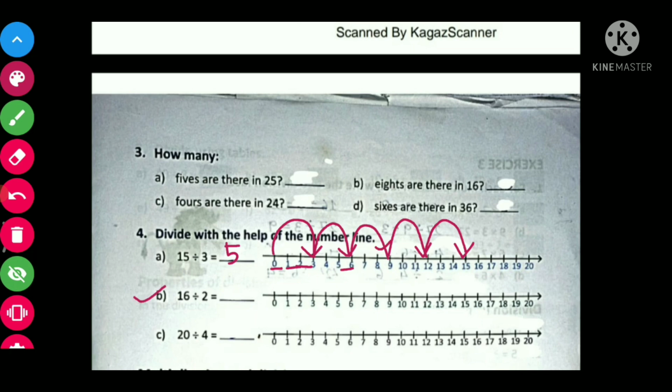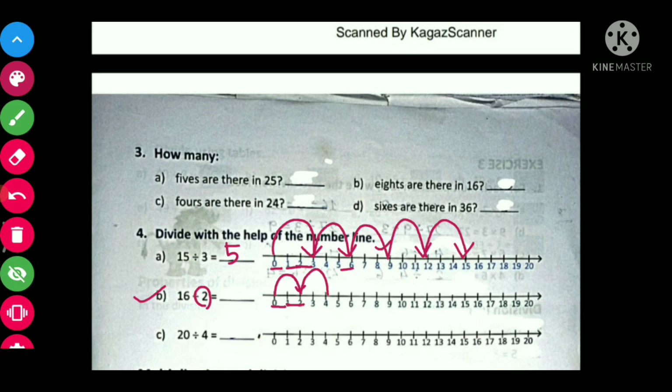Okay, now see B part. 16 is there, and you need to take 2 steps. Okay, 1, 2, like this small steps you need to take. This one is 2 steps. Okay, and you have to reach to 16.